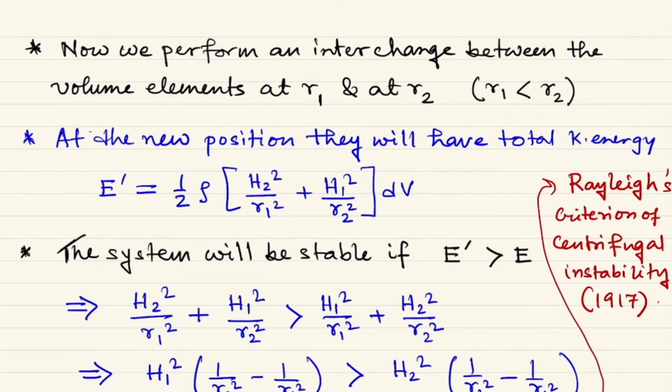Then at the new position, the total kinetic energy, E prime, is equal to half times rho times (h2 squared by r1 squared plus h1 squared by r2 squared) dv.